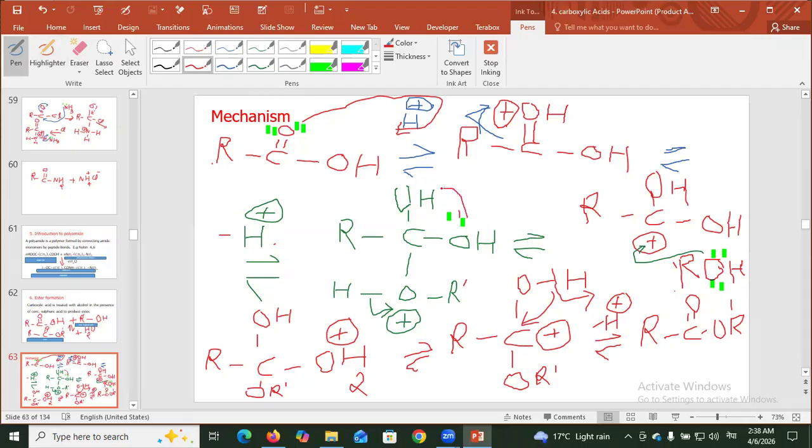This lone pair of electrons attracts this H plus and produces this.